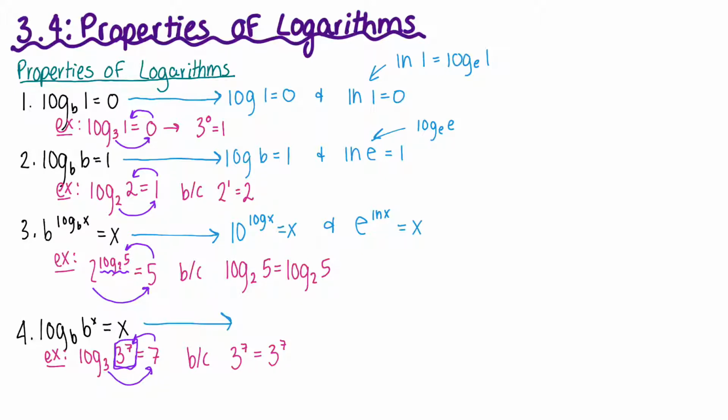Finally, down here, we have log base 10 of 10 raised to the x is equal to x, and ln of e raised to the x is just x. So those are the special versions, mostly these guys over here. That's kind of the special one, because the notation is so much different. But they're all the same properties because they're all logarithms.